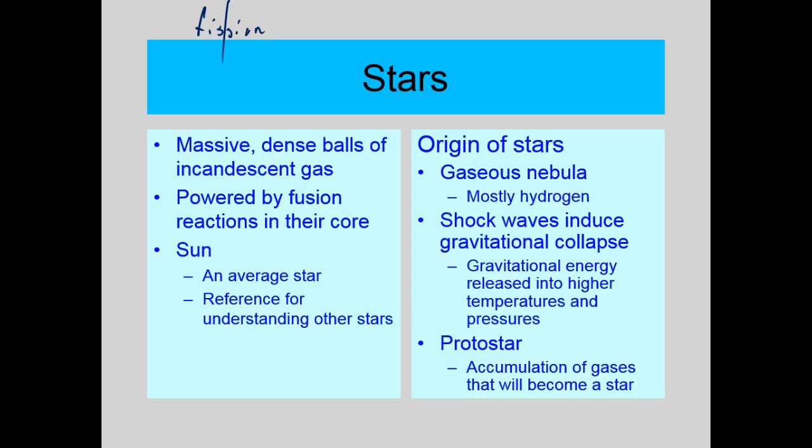Now, as that happens, you have a change of energy. And this is where it really would have helped to have physical science 2 first, right? Because when you have a change of position, that's gravitational potential energy. So that gravitational potential energy, as they get closer together, builds up, and that's released into higher temperatures. Now, this is very similar to take your hands and just gently rub them against each other.